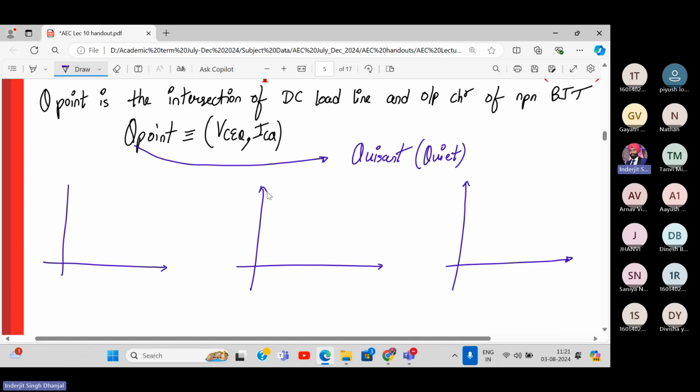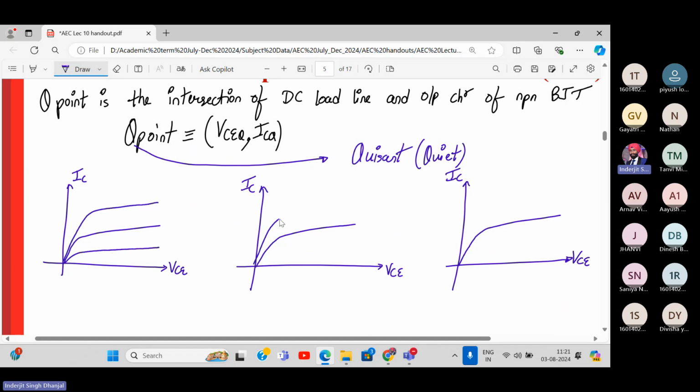Okay, in all the three cases, we have output characteristics, IC versus VCE. Let me draw the output characteristics and these curves.